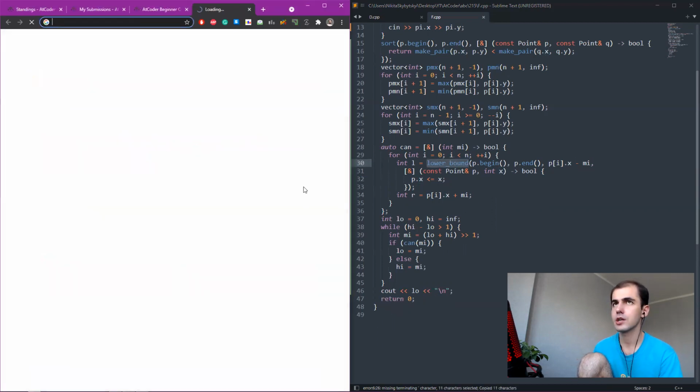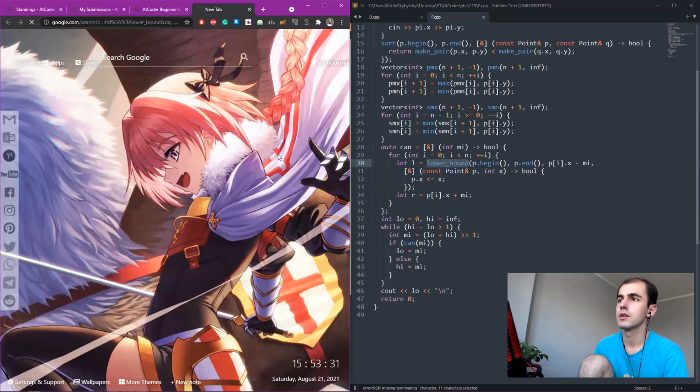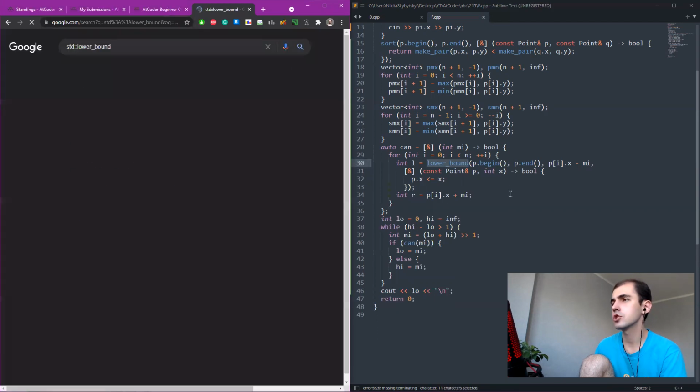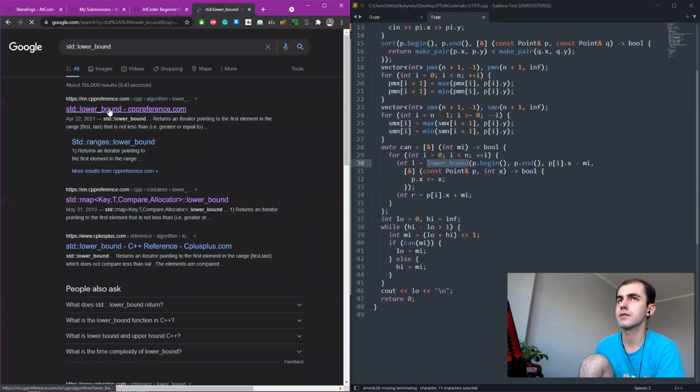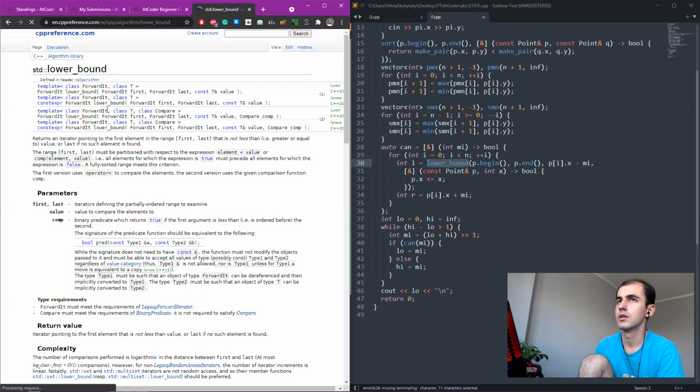No, I need to check std lower bounds. I don't remember which way the partition is. We are interested in the second version, right?